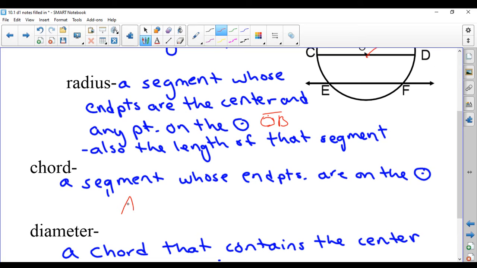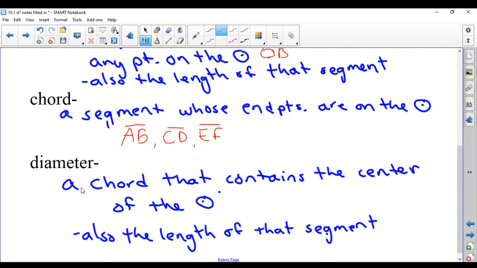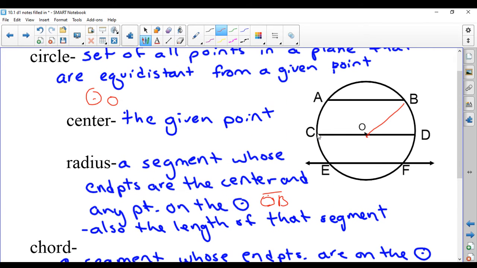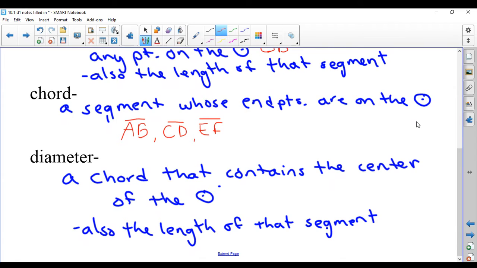I have segment AB, segment CD, and segment EF that are all chords of circle O. A diameter is a chord that contains the center of the circle. So in this circle, the chord CD is also a diameter. And again, like radius, the diameter refers to the segment as well as the length of that segment.